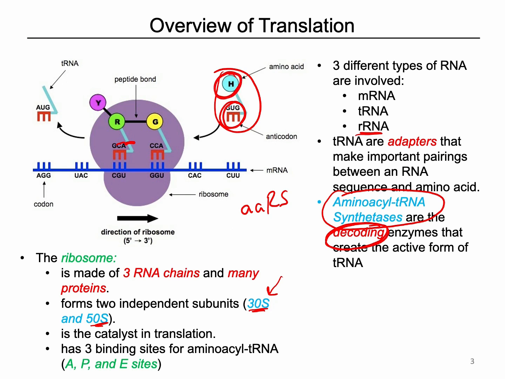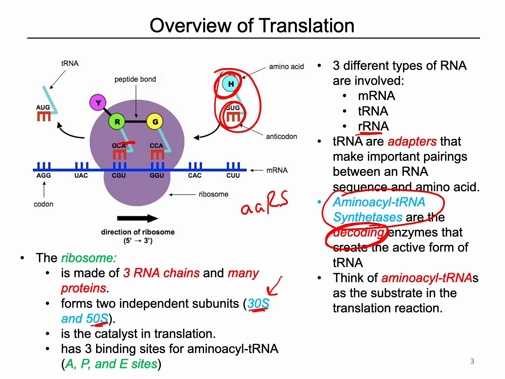So it's these enzymes that make darn sure the correct aminoacyl tRNA is present and can go into the ribosome to make proteins. And we can very much think of these aminoacyl tRNAs as the substrates in translation. The ribosome is the catalyst, the aminoacyl tRNAs are the substrates, and the growing peptide chain is the product.